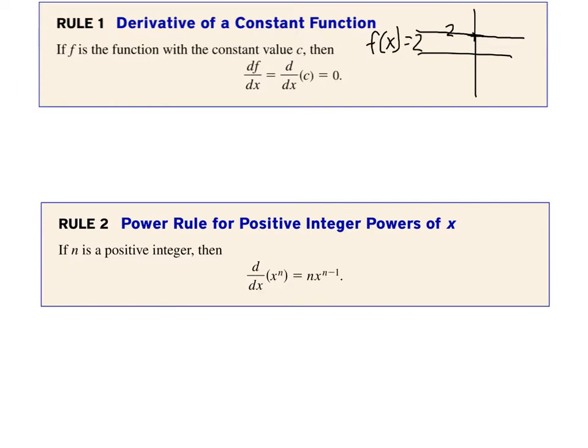Well, remember, derivative is slope. So what is the slope of that line? If you look at the equation there, you know that slope is 0. So it makes sense that if you ever take the derivative of a constant, the slope is 0. Okay?